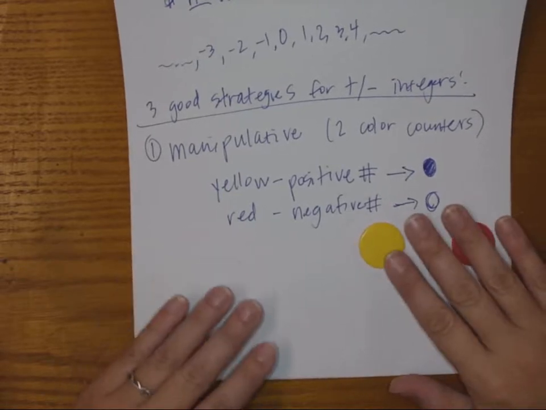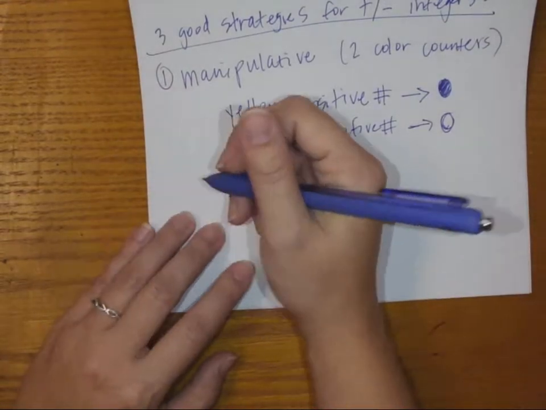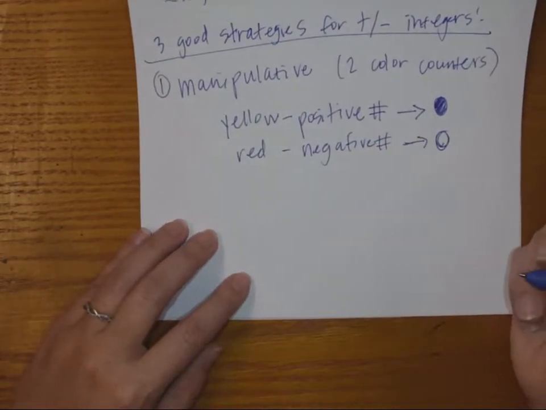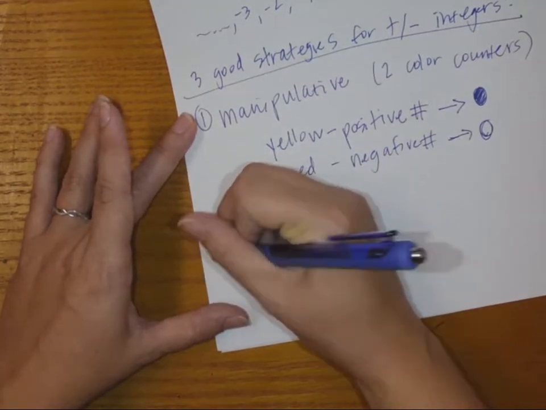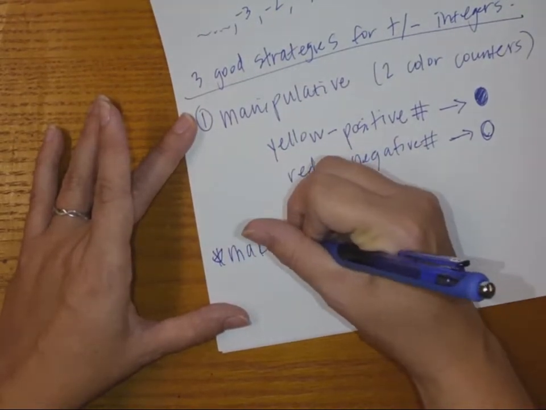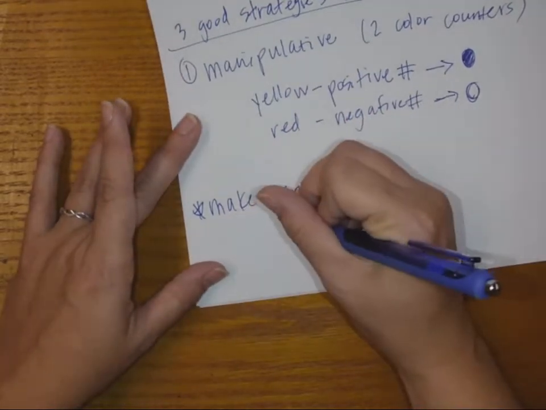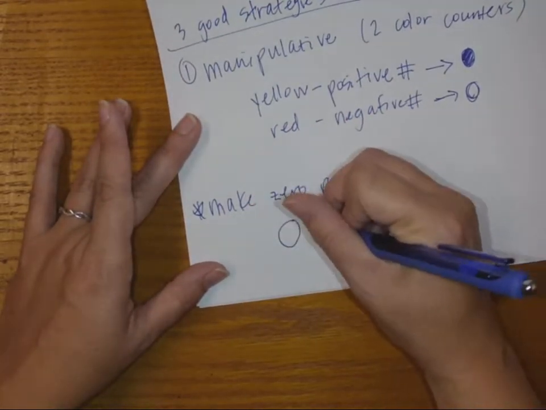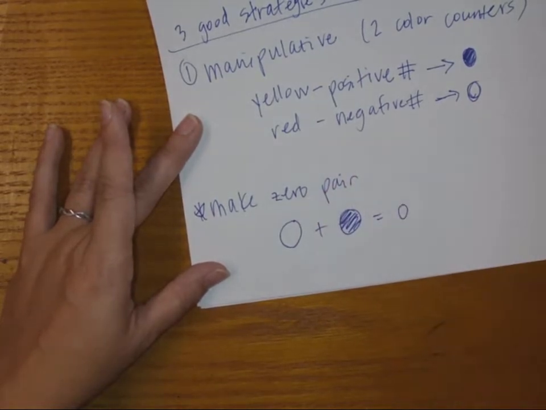Okay? So the way that we do color counters is we make 0 pairs. Our goal here is to make 0 pairs, and a 0 pair is 1 red plus 1 yellow equals 0.